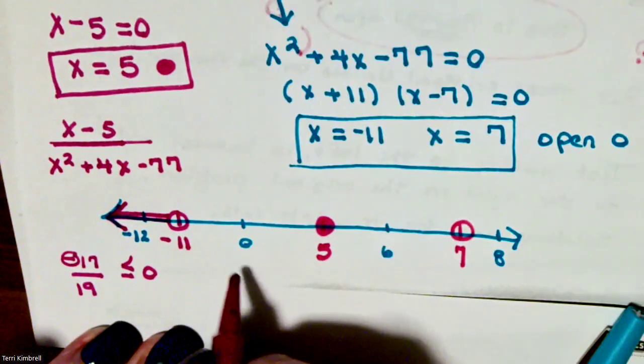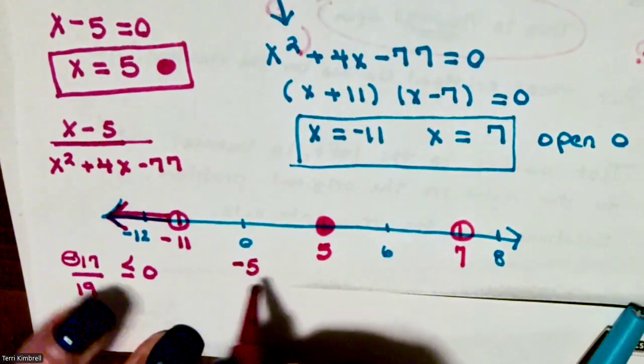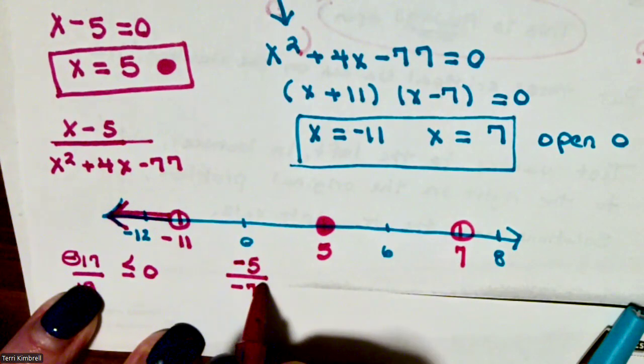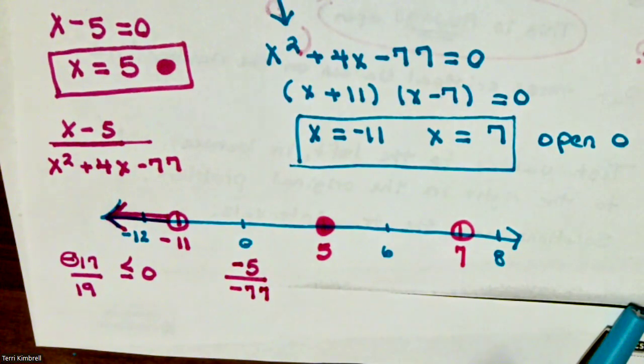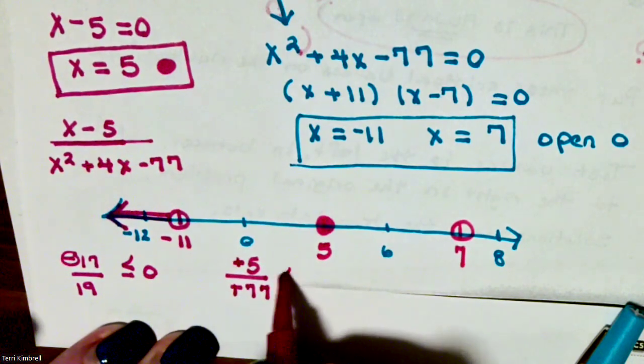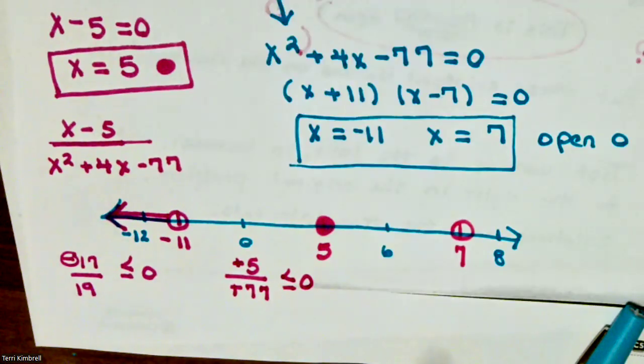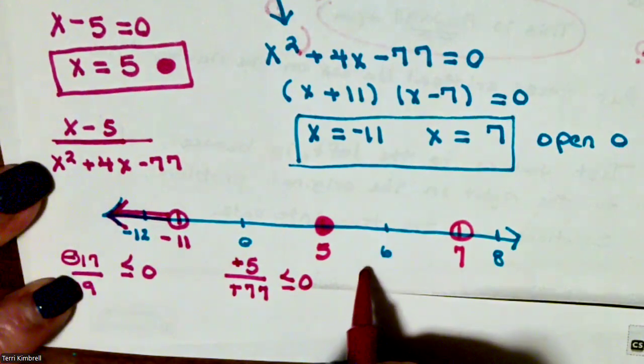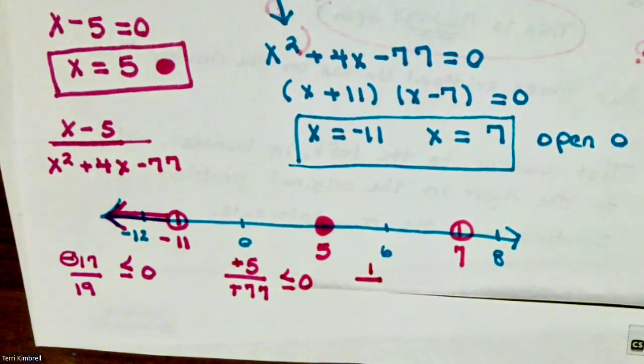Okay, for 0, I'm going to have a -5 over a -77 because 0 is going to cancel out those x's. Well, we know that a negative over a negative is a positive. So a positive number cannot be smaller than 0. So that would be false. Then we have 6 minus 5, which is 1.